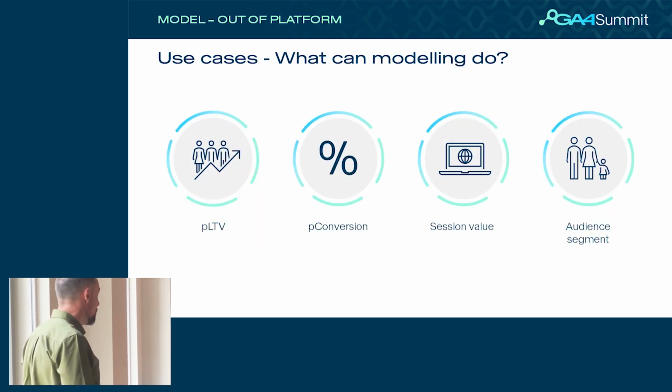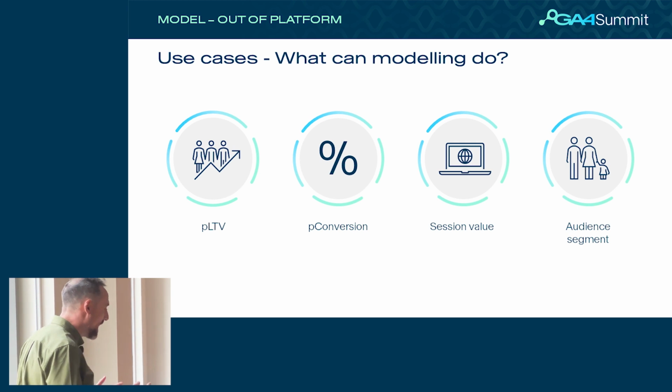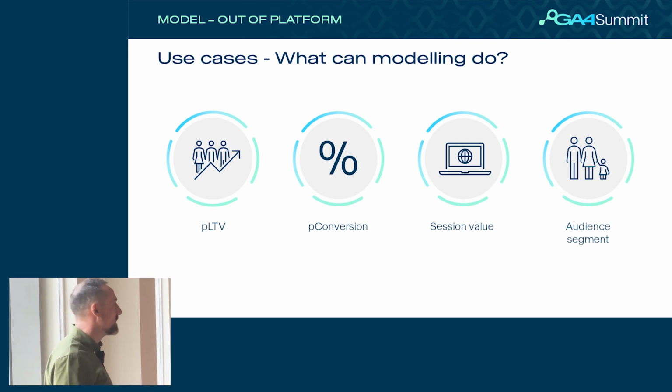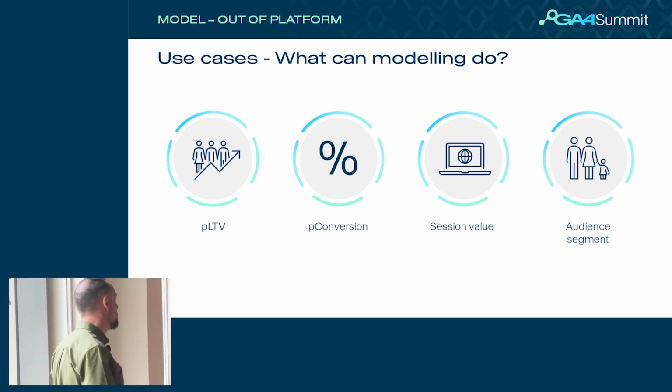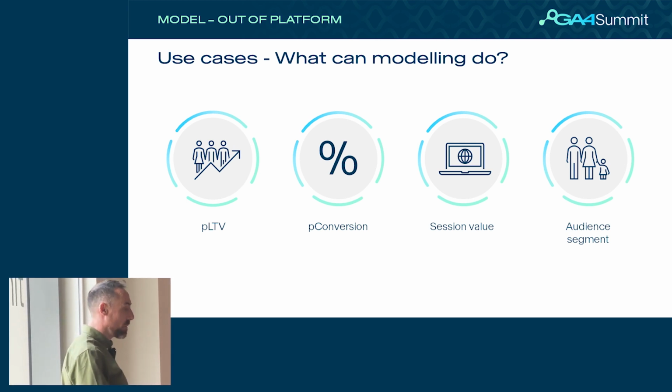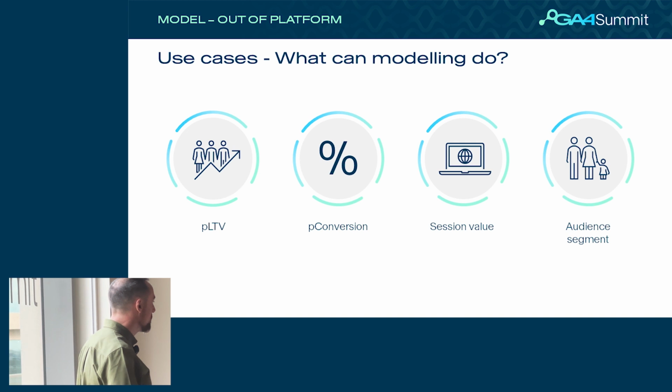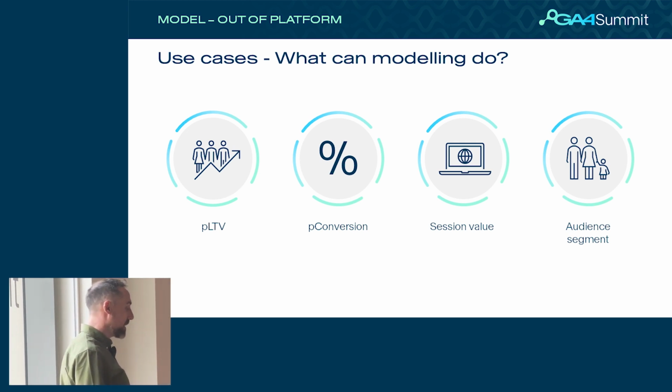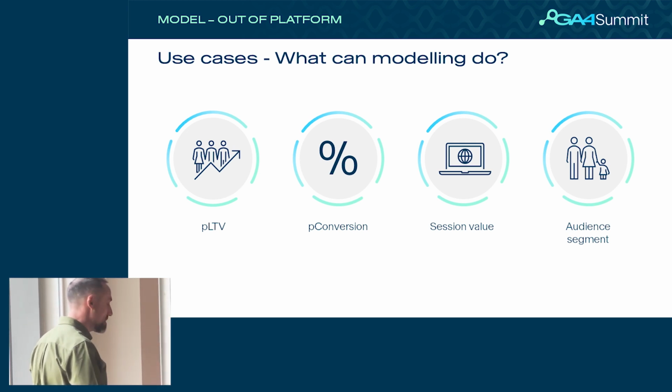What can you actually do? Anything, basically. You can do anything, but I've tried to distill it down into a few specific use cases. And then we'll talk about some hypothetical examples associated to each one of these. So predicted lifetime value is something that you could do. You can predict a probability of conversion.